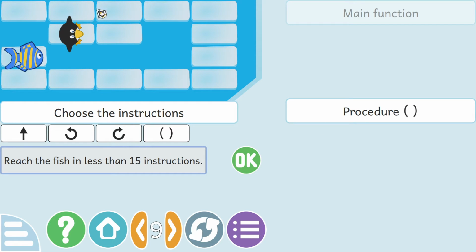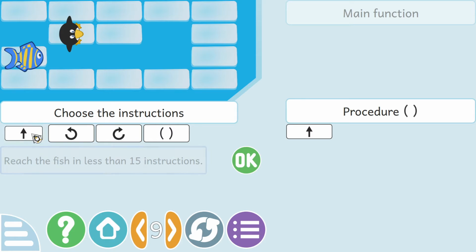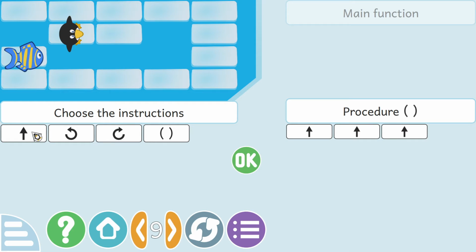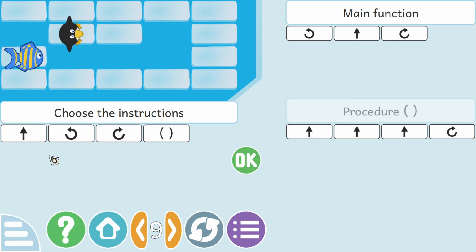I'm going to use this to go 1, 2, 3, walk forward 3 steps. And I'm going to get a bit tricky and say walk forward 3 steps and then turn right. So I can then use that same one here and the same here. For the first thing we've got to do is turn left, walk forward, turn right.